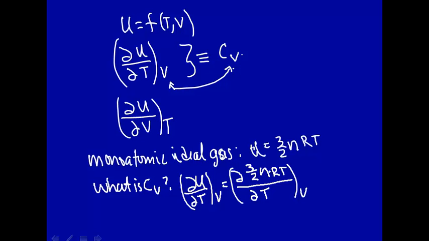Note that volume doesn't appear in here, so we don't need to really worry about that. It really doesn't have to be at constant volume. So the derivative here with respect to temperature is just 3/2 nR. So that's the heat capacity at constant volume of a monoatomic ideal gas.